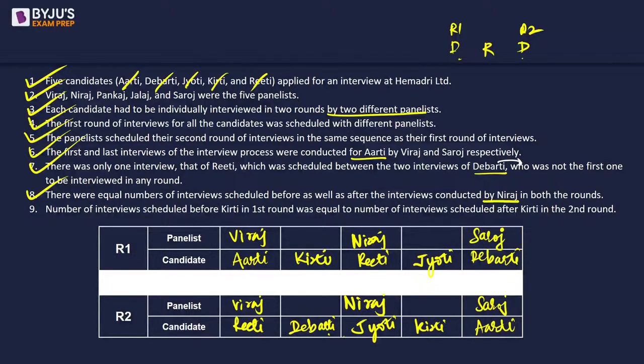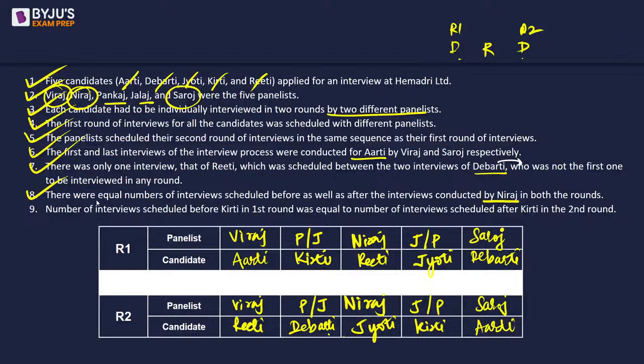Now about the panelists, Viraj is taken care of, Neeraj is taken care of, Saroj is taken care of. Between Pankaj and Jalaj, this is Pankaj, this is Jalaj. Accordingly, this is Pankaj, this is Jalaj, or maybe this is Jalaj, this is Pankaj, and this is Jalaj, this is Pankaj. So we have 2 possibilities of panelist sequence, right? So I hope this particular sequence is understood.